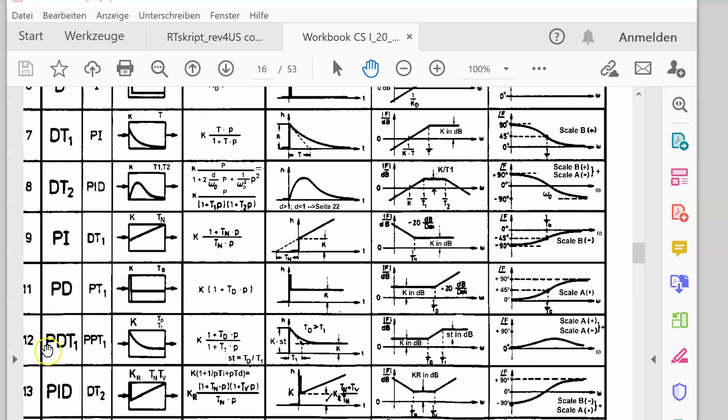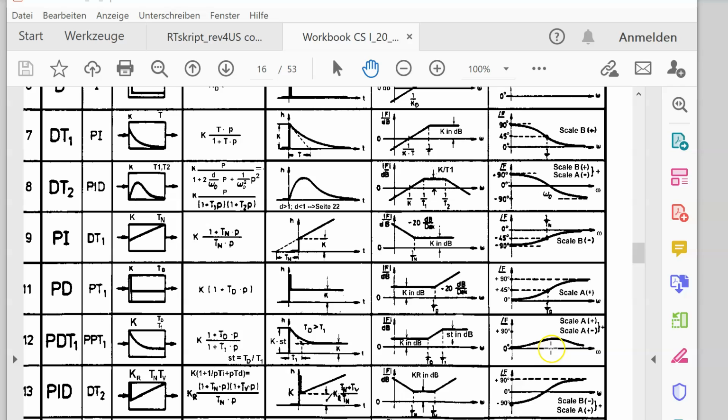If you look at the phase curve of the PDT1, we have a positive phase maximum in this region. If we analyze this in more detail, nearly at this position we have the corner frequency 1 over TD, and here we have the corner frequency step depth over TD. So the step depth defines the size of the maximum of the positive phase and the distance between both corner frequencies.